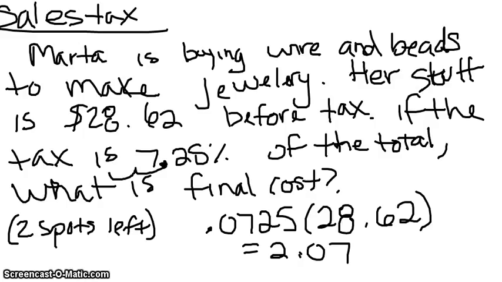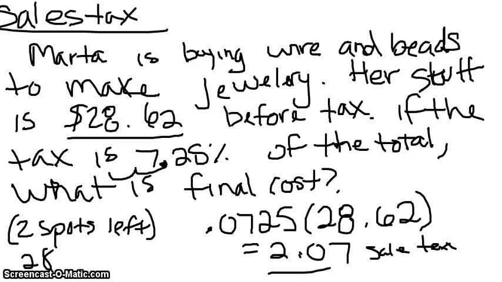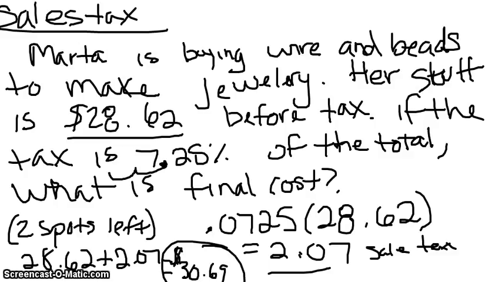So this is how much sales tax I have. Now I need to take this and add it to my original so I know how much I'm purchasing altogether. So I take 28.62 and add 2.07, and that is going to give me 30.69, but we remember we're talking about dollars here, so I have to add the dollar sign. All right, good luck.